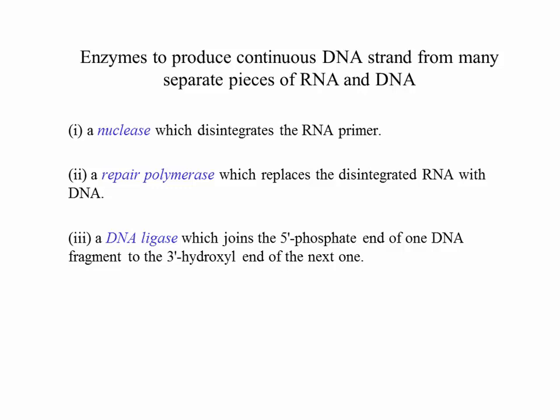To ligate means to tie things together. So you're now going to tie these separate pieces together. You need a DNA ligase which will join the 5' phosphate end of one DNA fragment to the 3' hydroxyl end of the next one, right? And that's how you will get a completely replicated DNA strand. All right. Any questions?